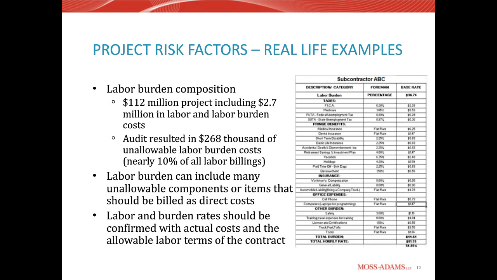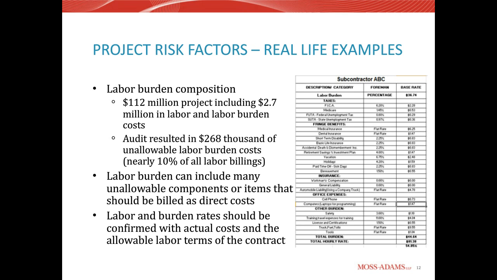My second example here surrounds labor burden. This particular project was a $112 million project that included just under $3 million of labor and burden costs. We audited, I guess I'll step back. When you conduct an audit, you always want to get as much information as you can about your contractor and subcontractor labor rates that they're charging to your project.